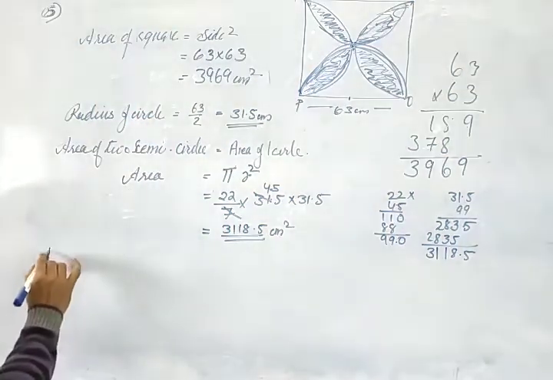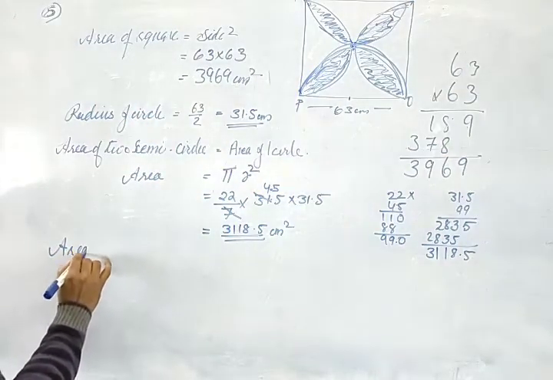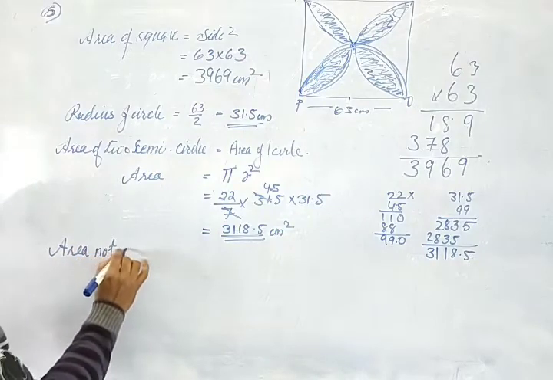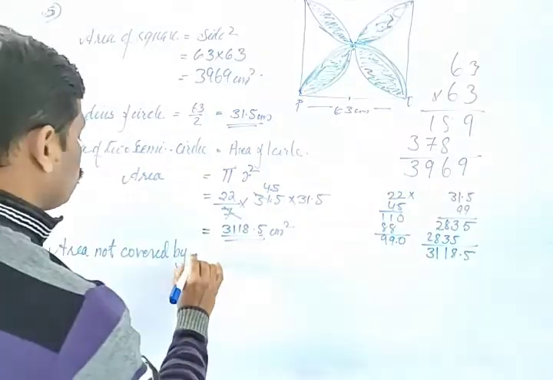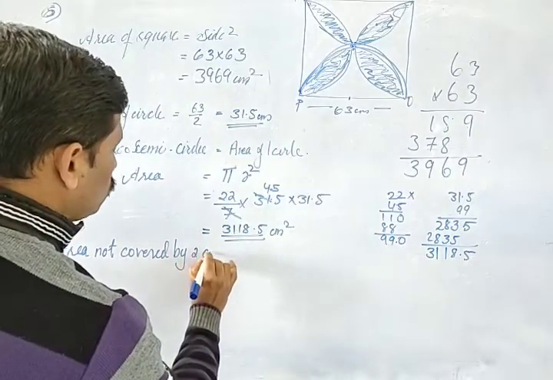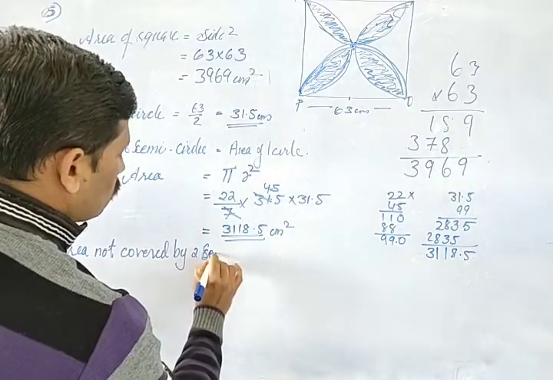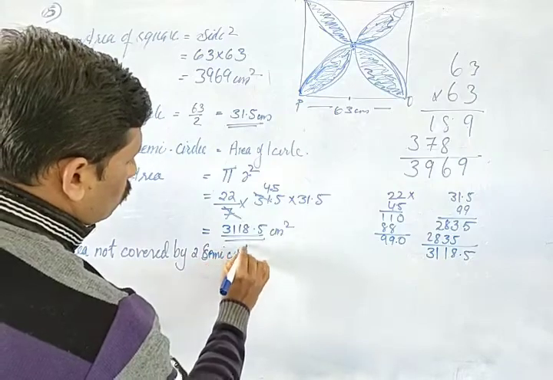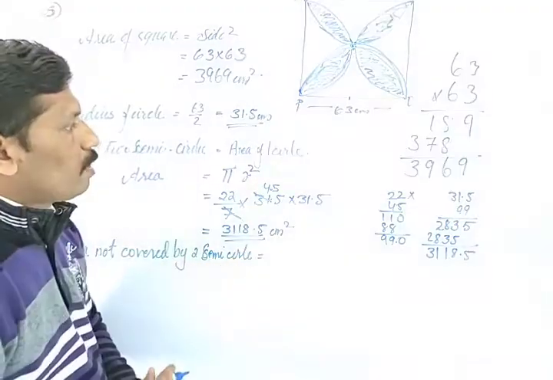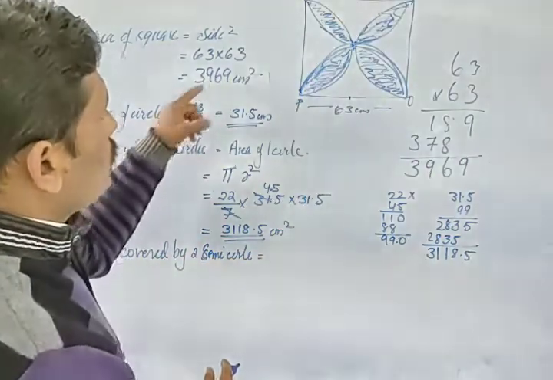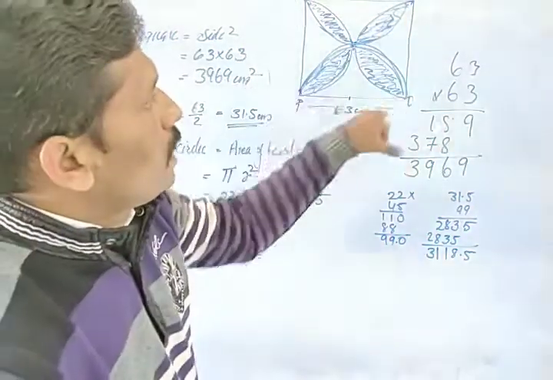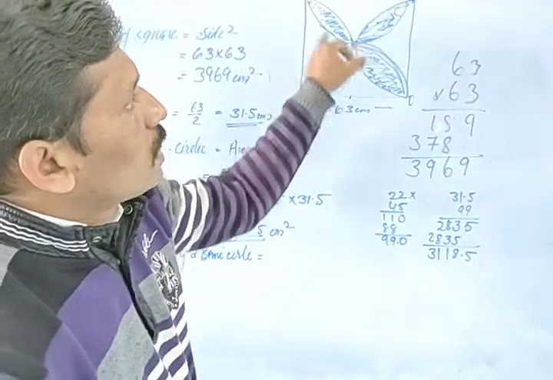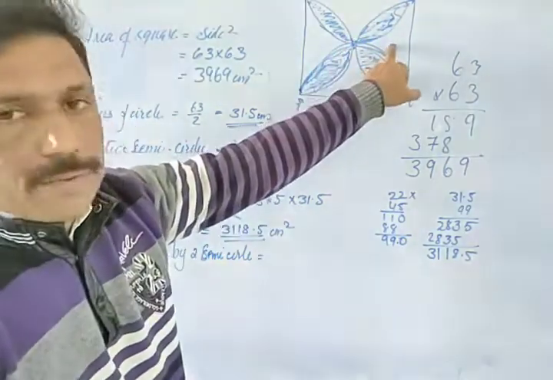So let's do it. Area not covered by two semicircles: from the total area we subtract these two semicircles' area, then this part we will get.